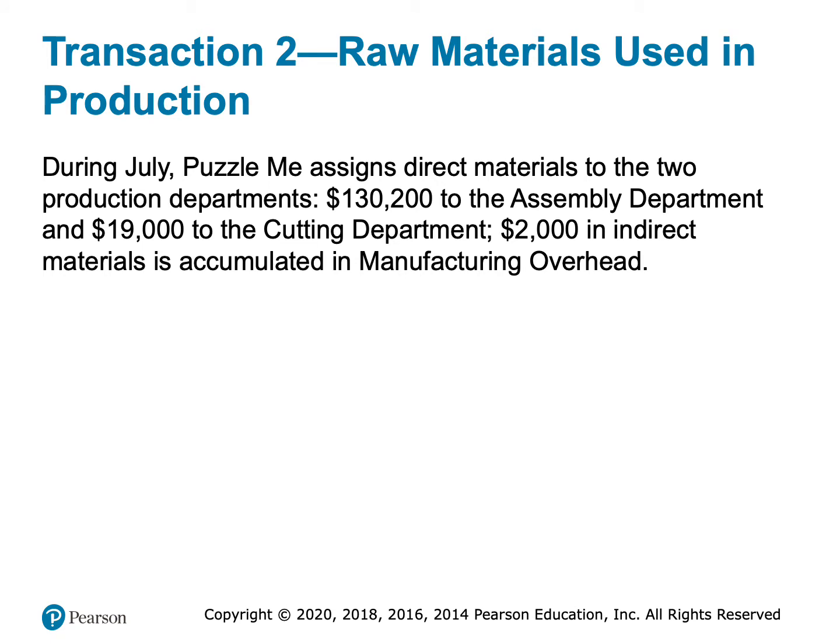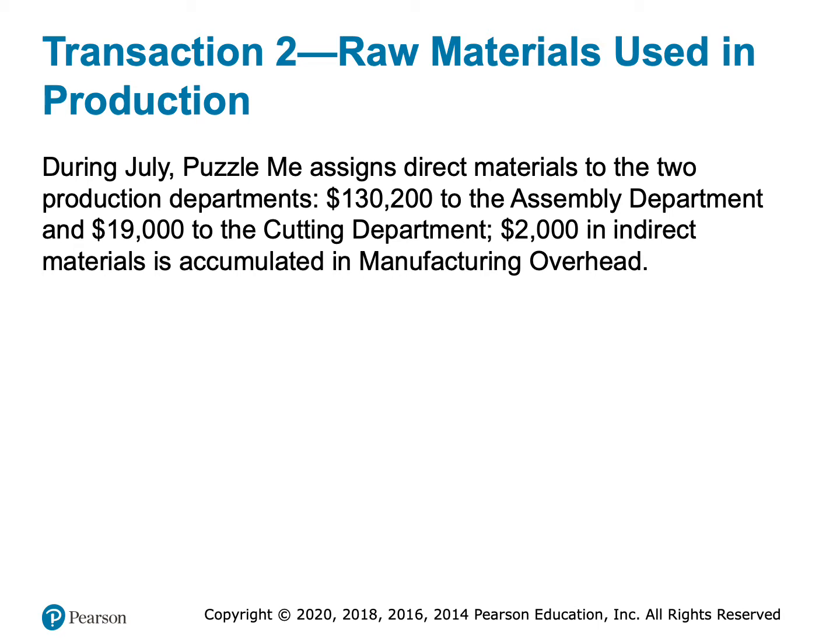So then we're told that we assigned direct materials to the two departments. Of the direct materials, 130,200 went to the assembly department. We assigned 19,000 of direct materials to the cutting department and 2,000 of indirect materials. Now the indirect materials would be for both departments, right? So remember, direct materials go directly into work in process, but we have two work in process accounts now.